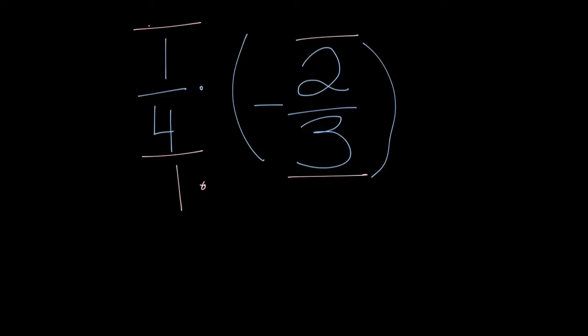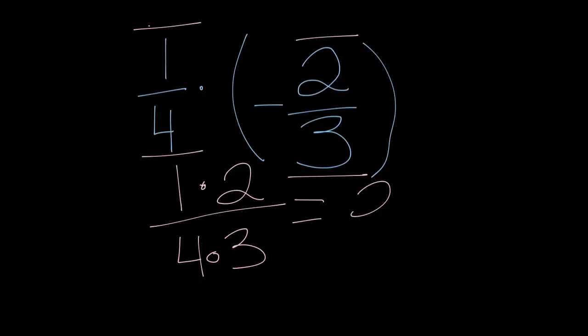So we're going to do 1 times 2, and then 4 times 3. So now you could just multiply, 2 over 12, and now you just divide by 2. That would equal 1/6.